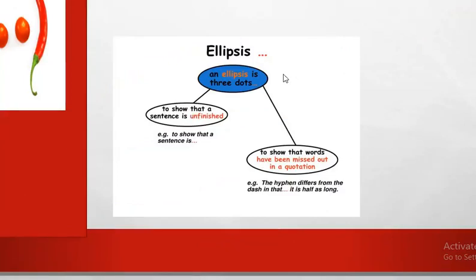My dear learners, the next punctuation mark is ellipsis, and ellipsis is three dots. Ellipsis is used to show that a sentence is unfinished. The hyphen differs from the dash, and the ellipsis, three dots, is half as long.